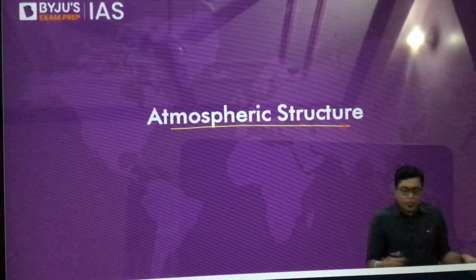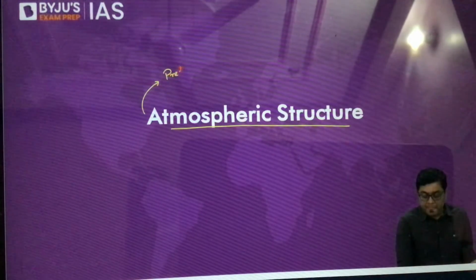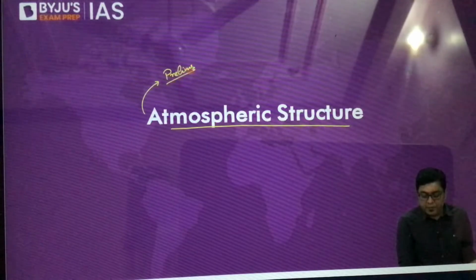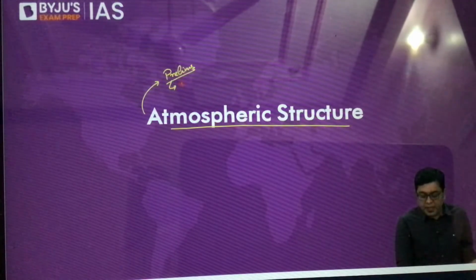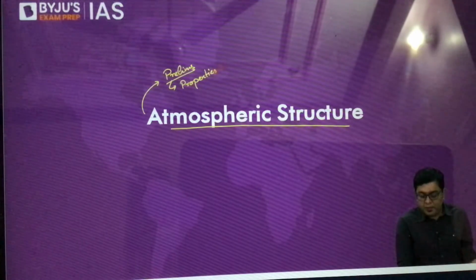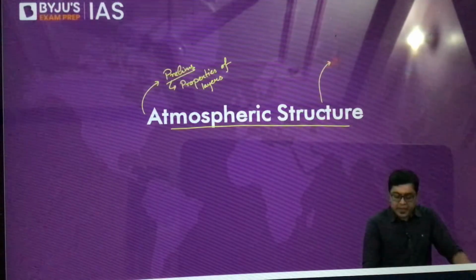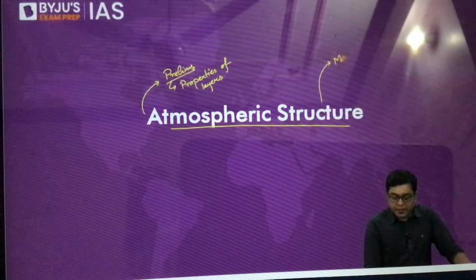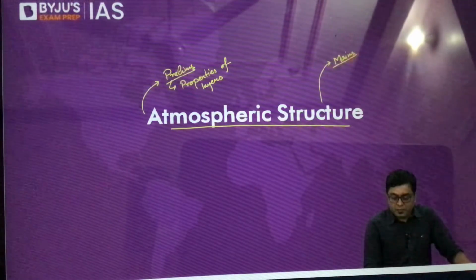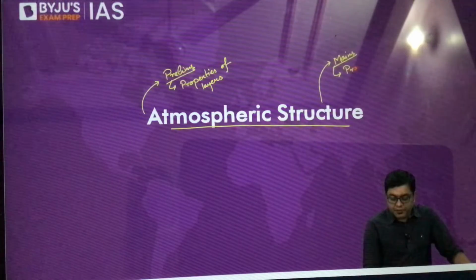Now, from here, questions can be asked ideally from the prelims perspective, regarding the properties of the layers of the atmosphere, and you can also have questions asked here from the mains perspective. A similar kind of question.